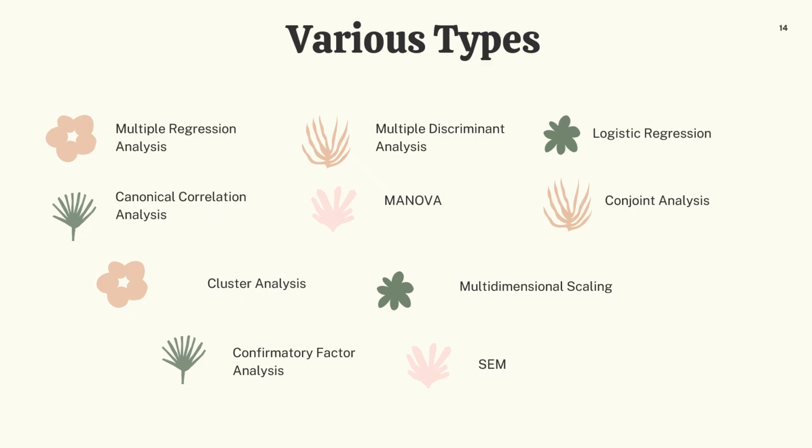Canonical correlation analysis studies the relationship between two sets of variables. Logistic regression is used when the dependent variable is categorical, such as predicting whether a student will pass or fail. These tools allow us to answer more complex questions compared to univariate or bivariate methods.